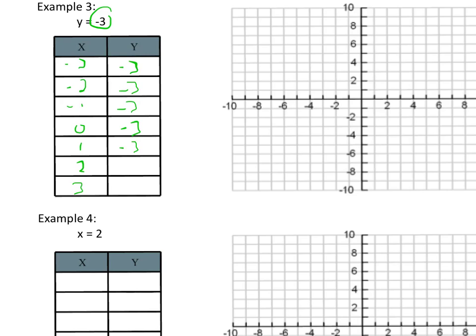Now this is called a special case scenario where it's either going to be a vertical line or a horizontal line. And if we just plot 2 points, we'll know exactly what it is. So -3 gives us -3. -2 gives us -3. And so on. So no matter what point we plug in, it doesn't have any effect on it, so we will have a horizontal line.